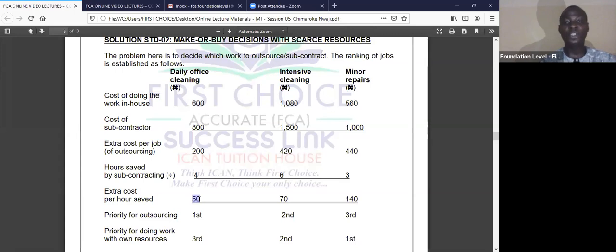This is the least cost I am going to save. So I'm giving you out. That is my priority list for subcontracting.